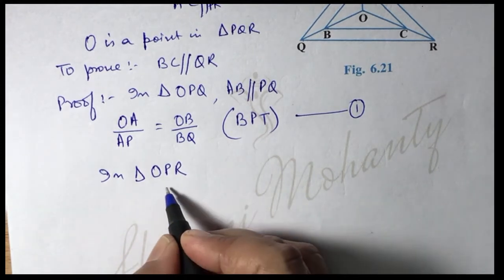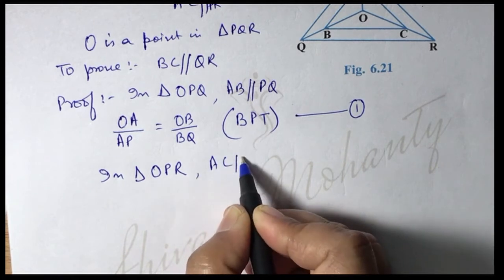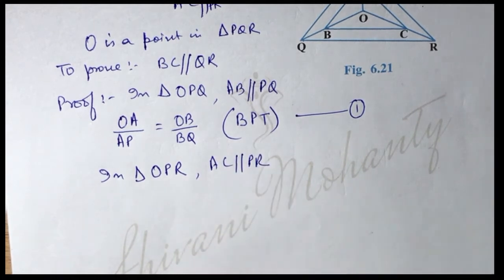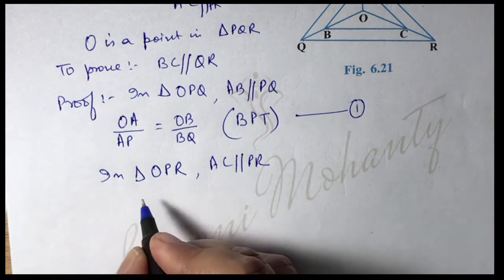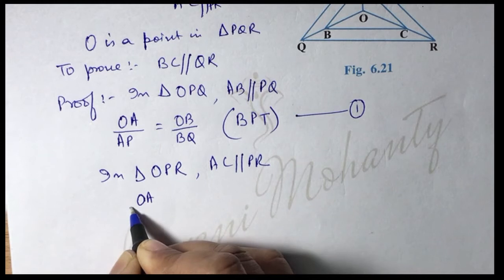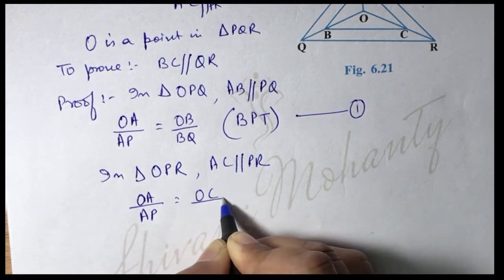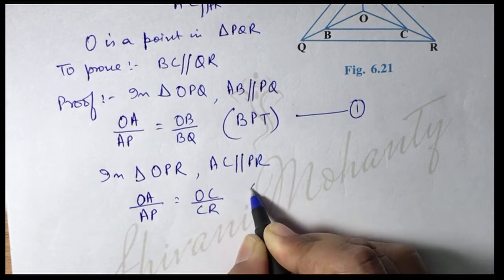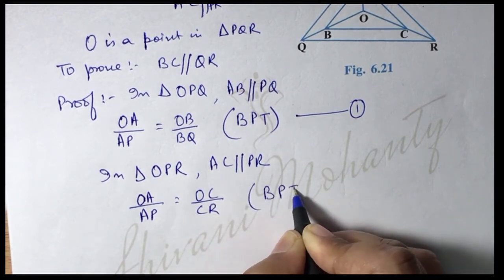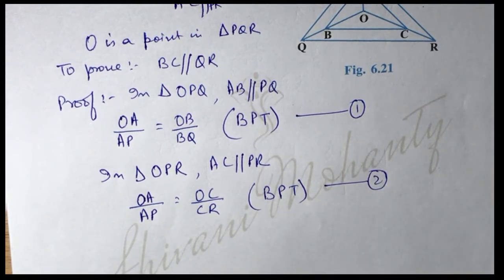Similarly, AC is parallel to PR, so we can write OA by AP is equal to OC by CR. Why? Basic proportionality theorem. Name it as equation number 2.